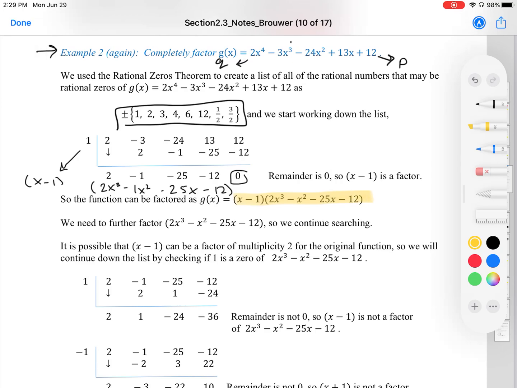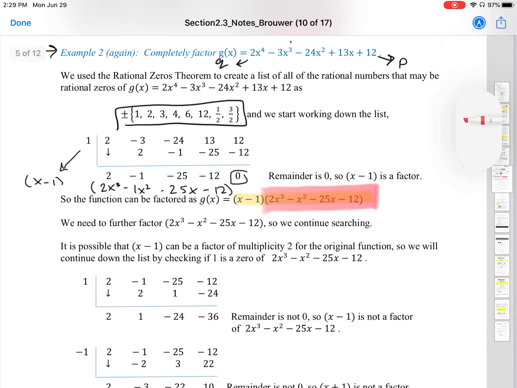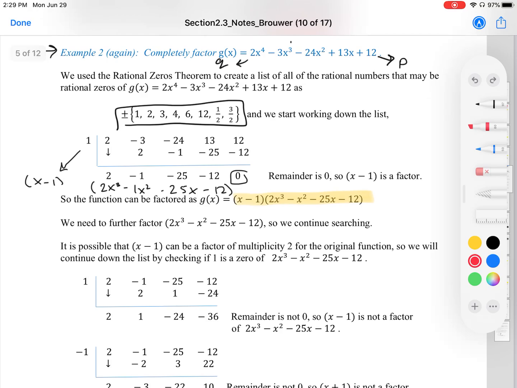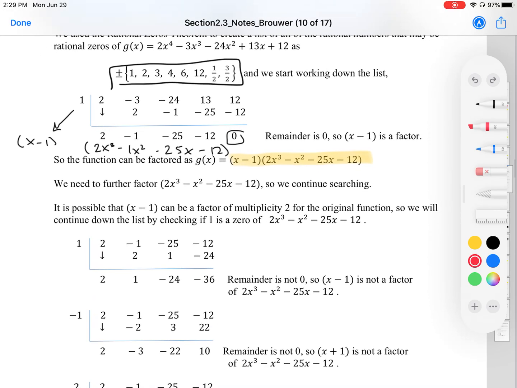All right, I have this 2x cubed. I need to factor that further. Well, I can repeat synthetic division. Even though 1 worked earlier, it doesn't mean it can't happen again. It is possible that x minus 1 can be a factor of multiplicity 2 for the original function.